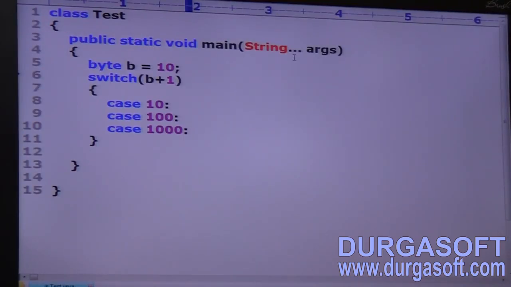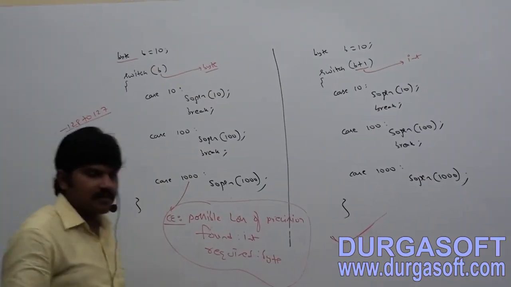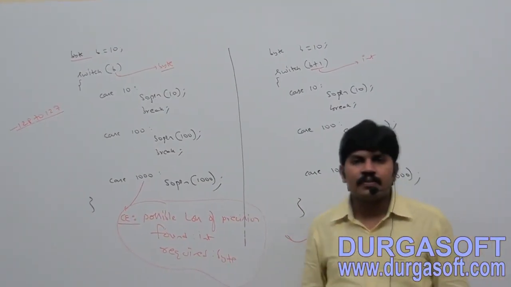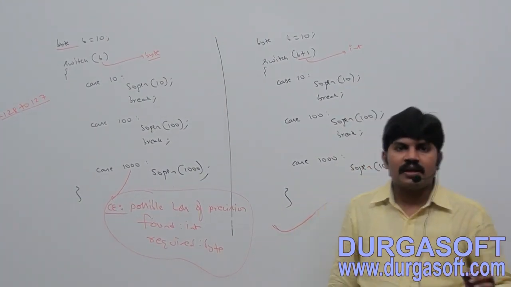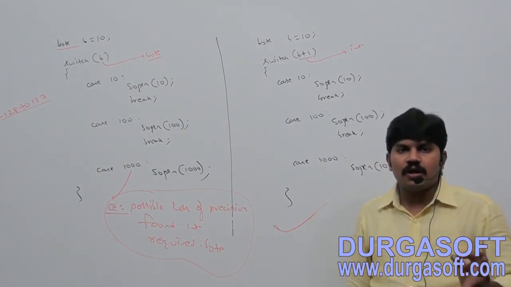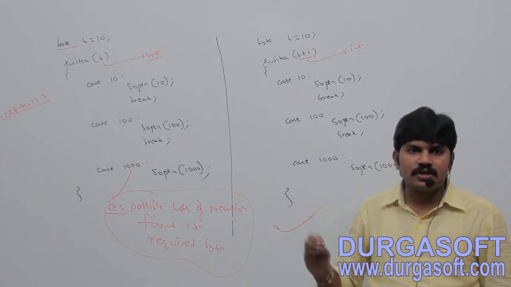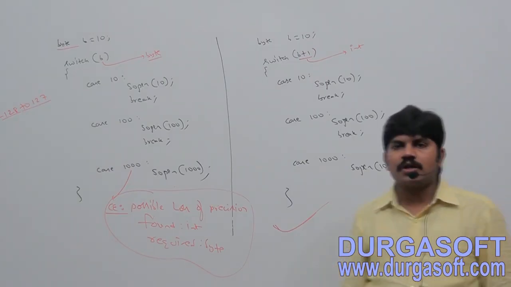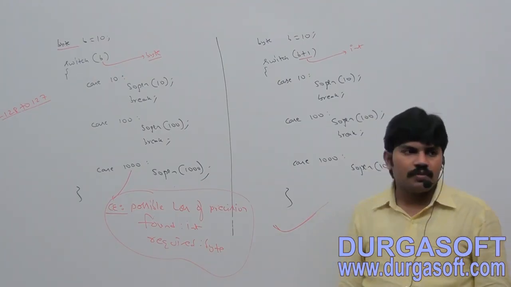So every case label should be in the range of switch argument type. Is it clear? So first one is valid or invalid? First one invalid, second one valid, right? At this theory: every case label should be in the range of switch argument type.